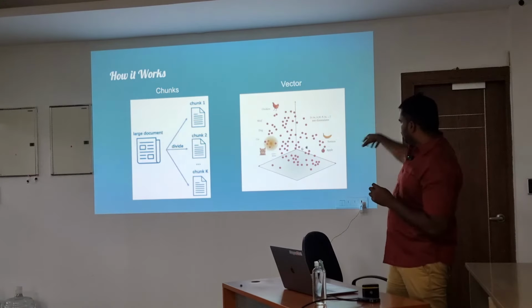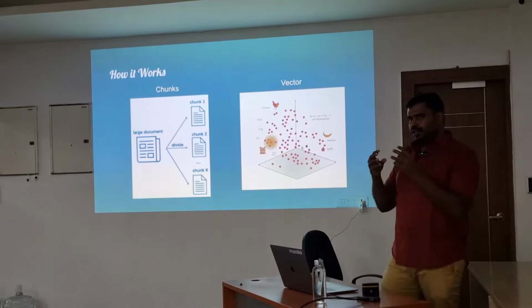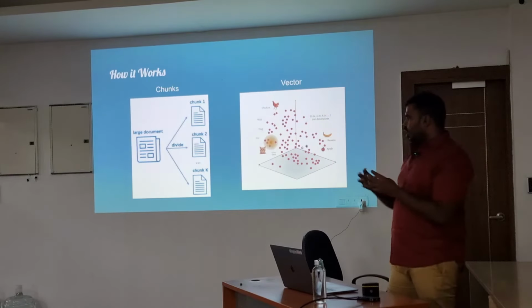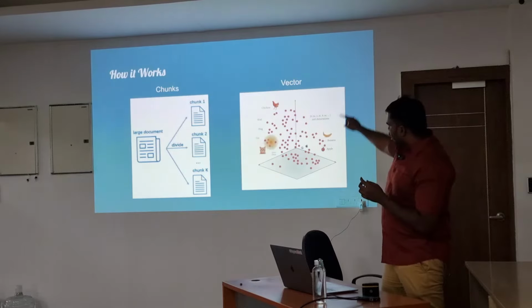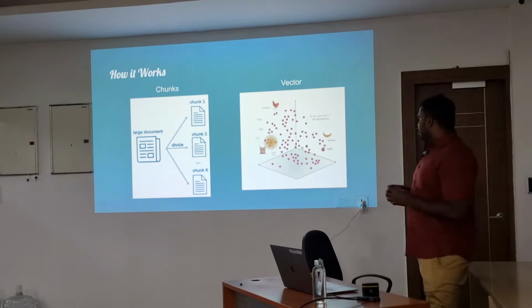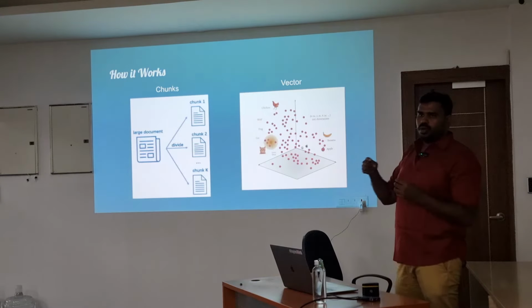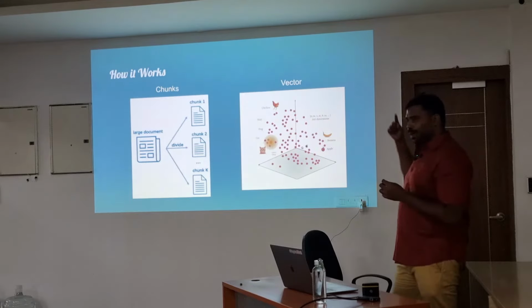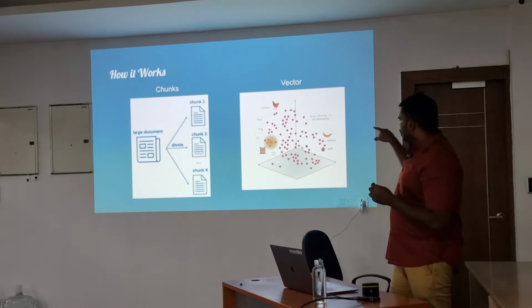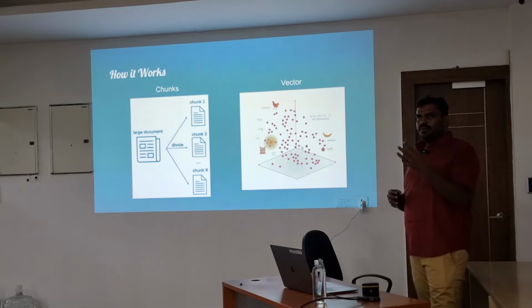If you visualize this, apple and banana will be a little bit closer, and chicken and cat will be a little bit away from each other. So if you say apple, your chances are higher to get banana also. This is a kind of similarity.